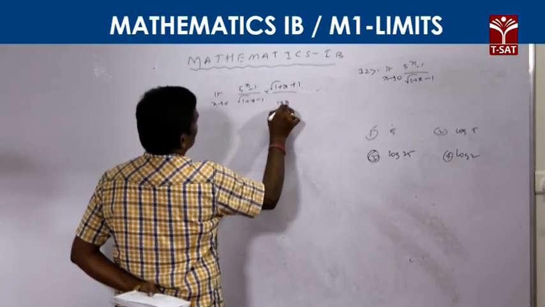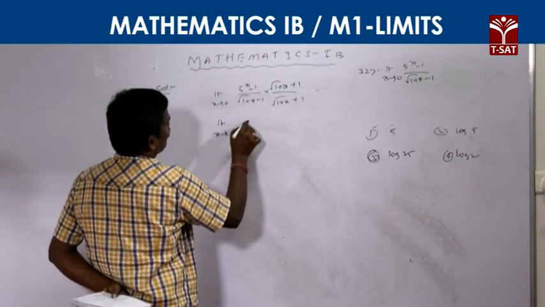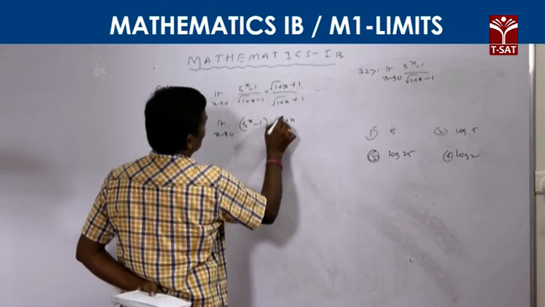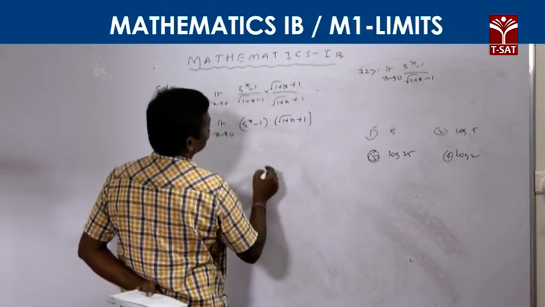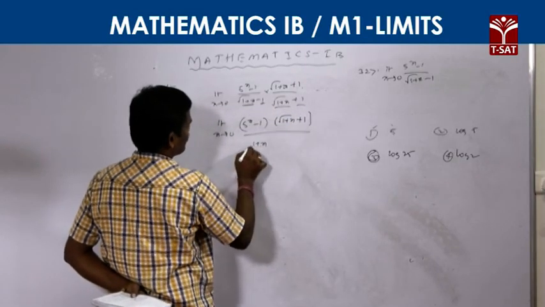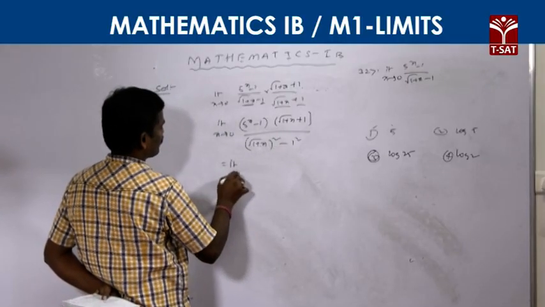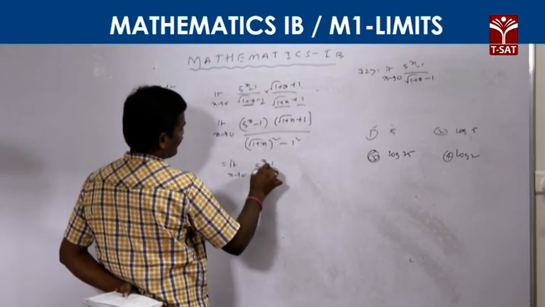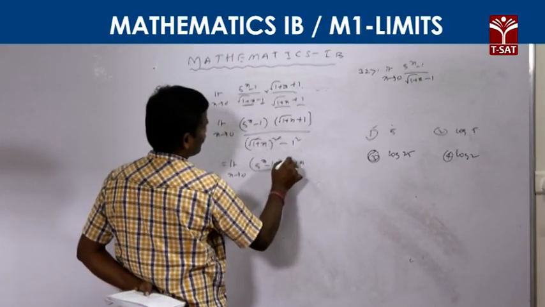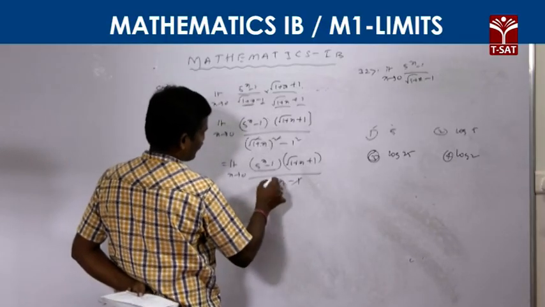So the limit as x tends to 0, 5 power x minus 1 into root of 1 plus x plus 1, by a minus b times a plus b, which is a square minus b square. So 1 plus x, the square and root cancel. So 1 plus x minus 1, and the 1s cancel.